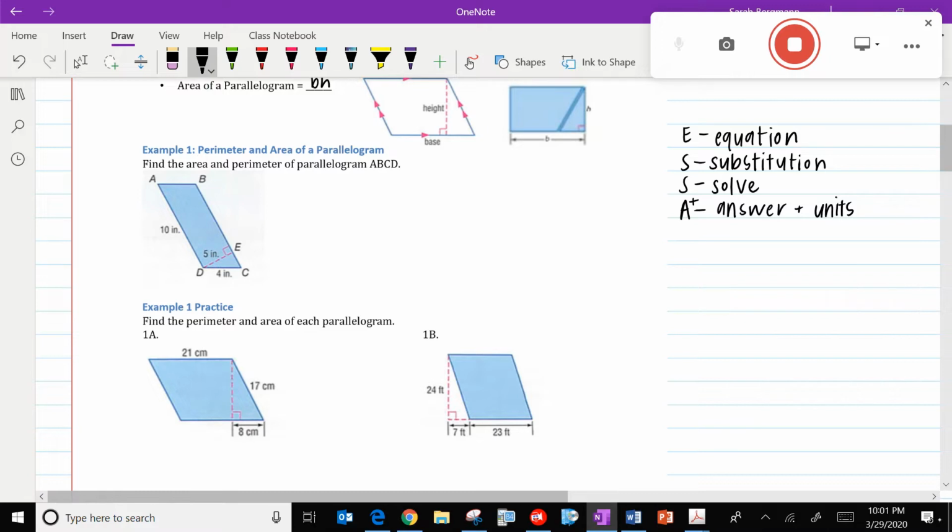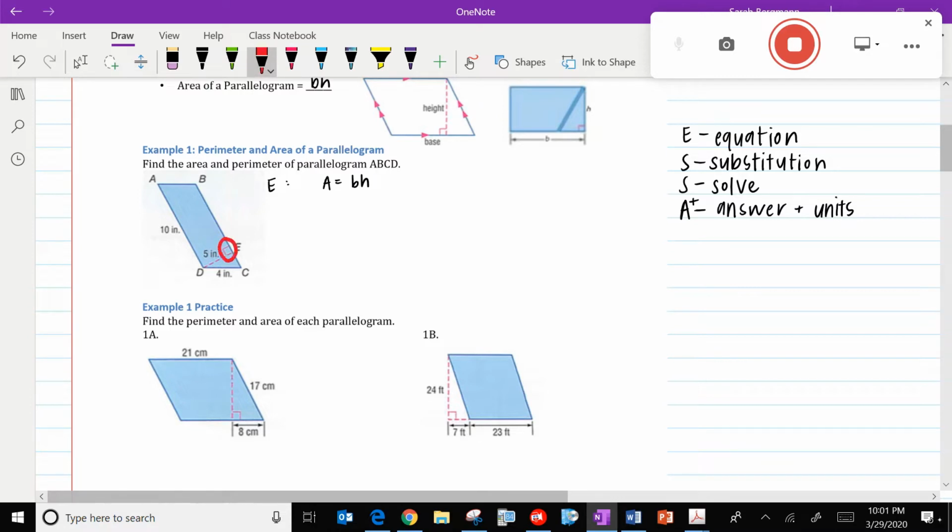All right, so for example, we'll start out with E, the equation. The equation for area is equal to base times height since it's a parallelogram. Now, in order to find the area, we need the base and the height. Remember, we said the base could be any side, but the height has to be perpendicular to it.